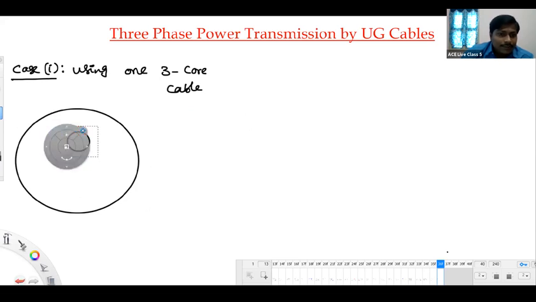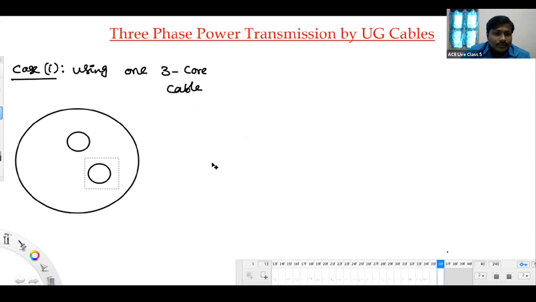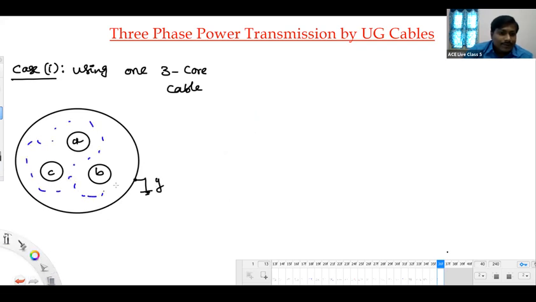I'm showing core two, and core three. These are the three conductors. Core one corresponds to phase A, core two corresponds to phase B, and core three corresponds to phase C. The sheath is connected to ground, and this is the insulation.